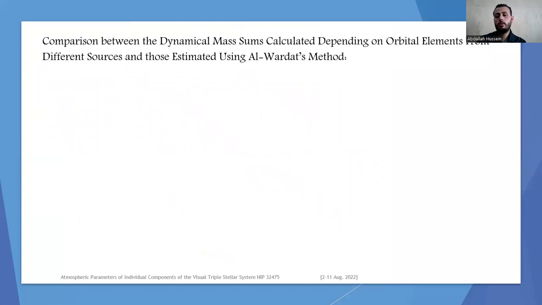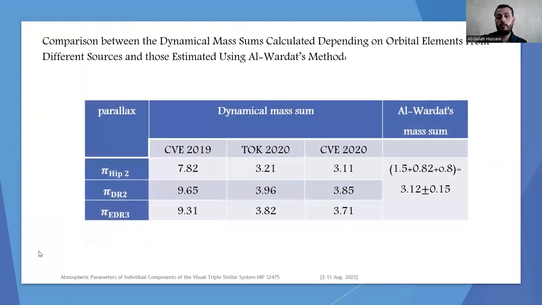Now, we will compare the masses estimated from the Al-Wardat method with the dynamical solutions. Here we have the first one from Cvetkovic and Cvetkovic 2020. The estimated masses for the individual components are 1.5, 0.82, and 0.8, and the mass sum is 3.12 solar masses.